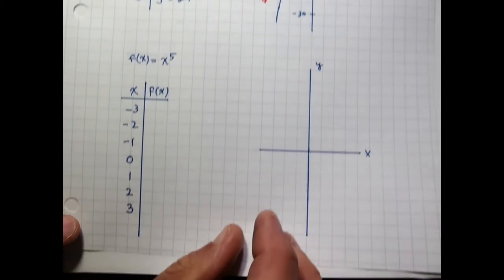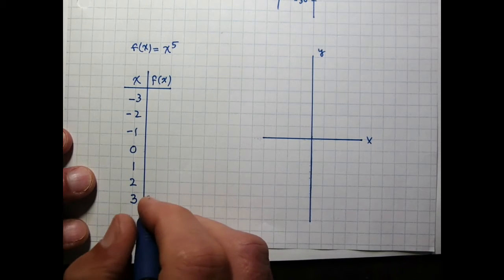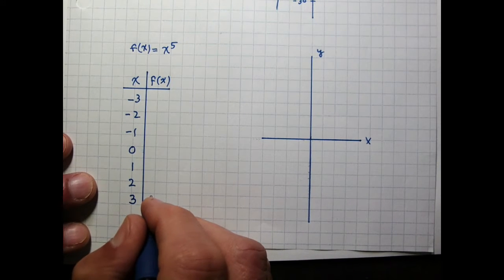Now let's go ahead and look at a graph of another odd power of x, x to the fifth, and compare it to x cubed afterward. I computed some of these fifth powers ahead of time here.